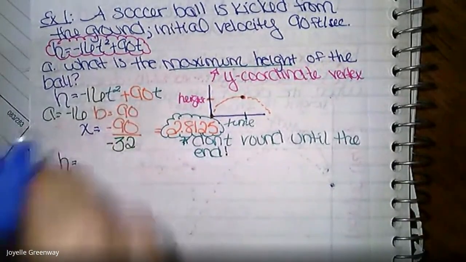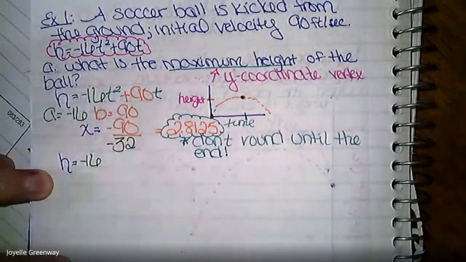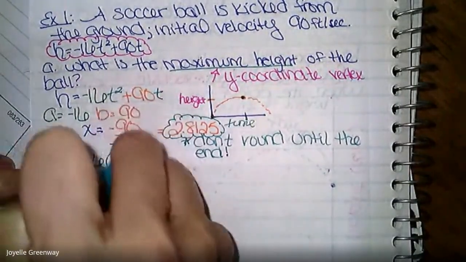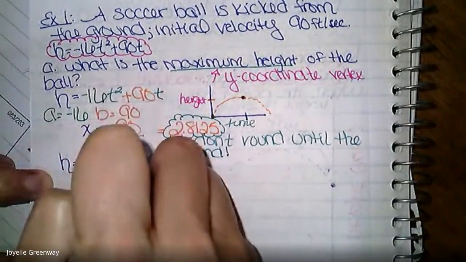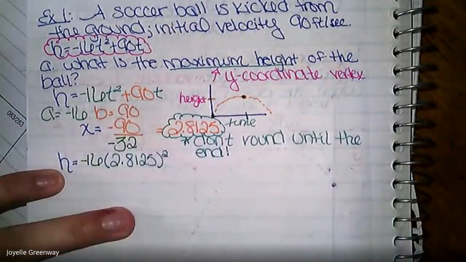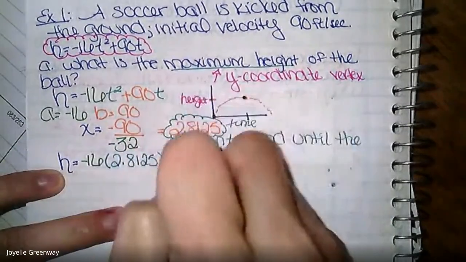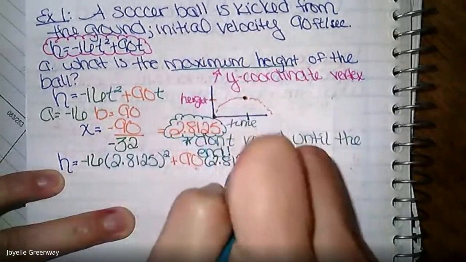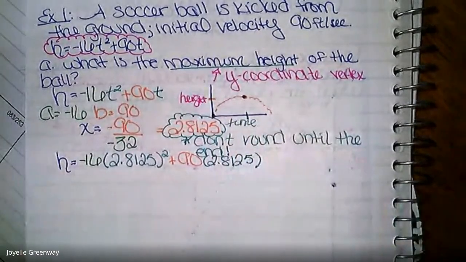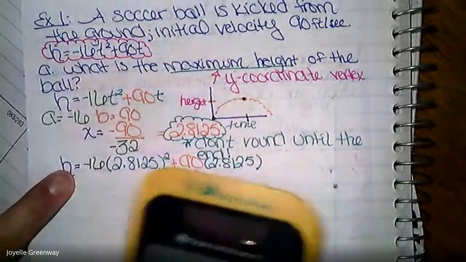So h is equal to -16 times 2.8125 quantity squared, plus 90 times 2.8125. Make sure that you follow your order of operations.